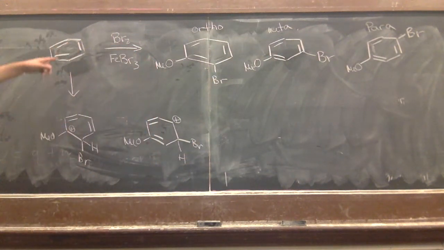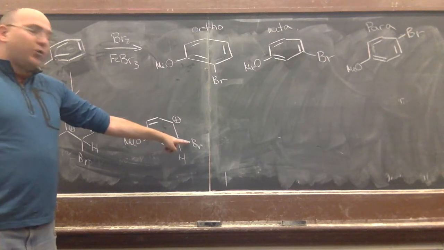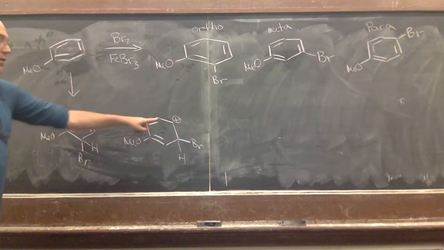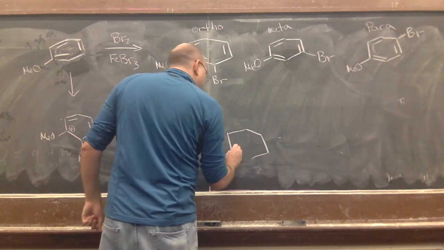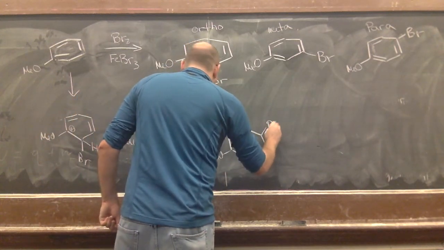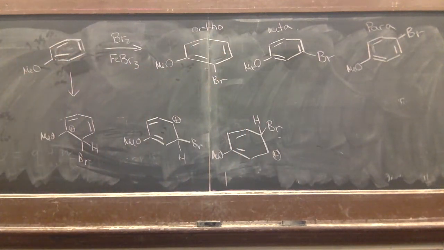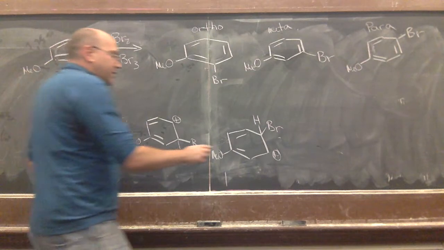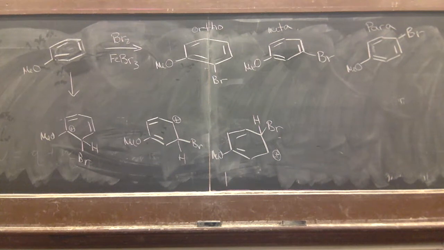You see how when we added ortho, just like when we had bromine adding across a double bond, the bromine ends up on one side, the carbocation ends up on the other. Here, the bromine ends up on one side of that double bond, the cation ends up on the other. Then we're just going to flip-flop these here. Bromine's going to end up on this carbon, the carbocation is going to end up here. Okay? Now let's evaluate these three possibilities.